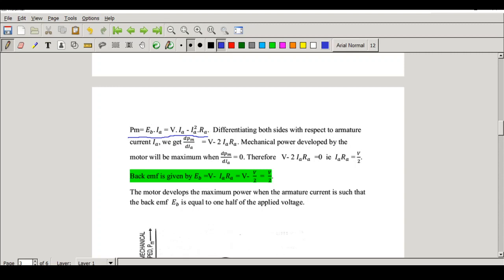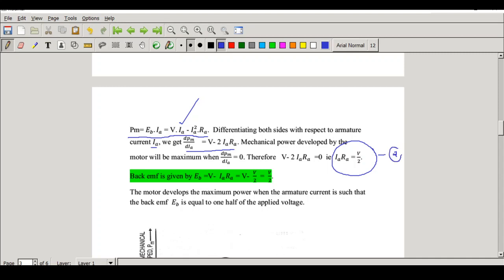Now we differentiate this equation with respect to current Ia and equate it to 0. The expression we get is V minus 2 Ia Ra equal to 0. From that we get Ia Ra = V/2. We can take this as equation number 2.